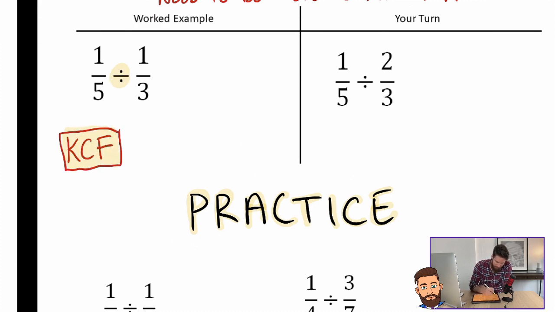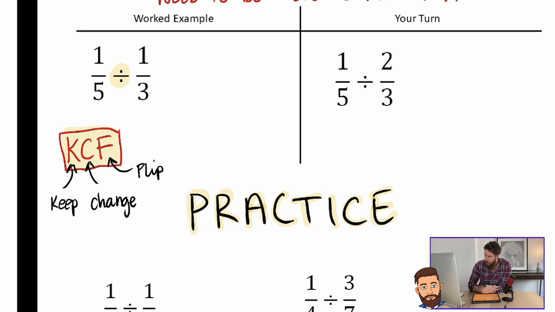And what that means is keep, change, flip. Okay? Keep, change, flip. What does that mean?